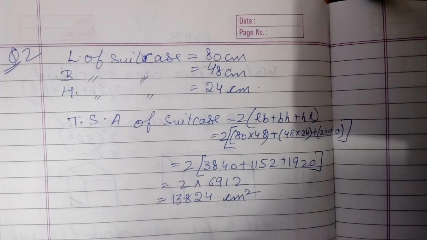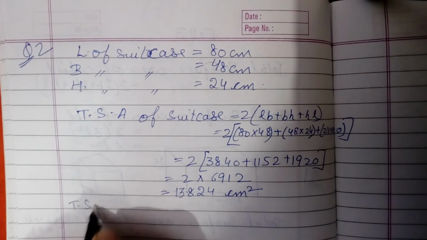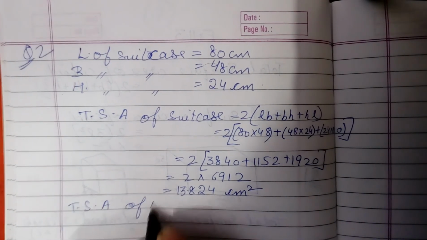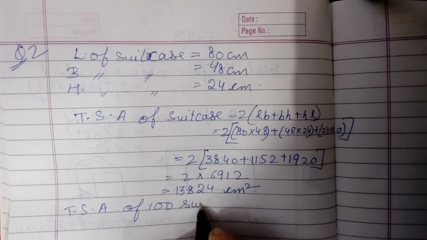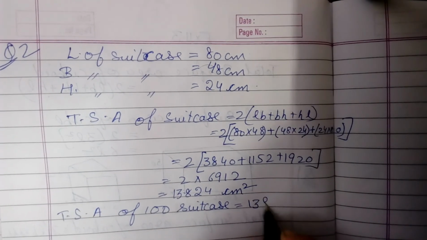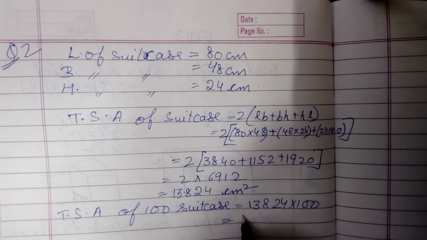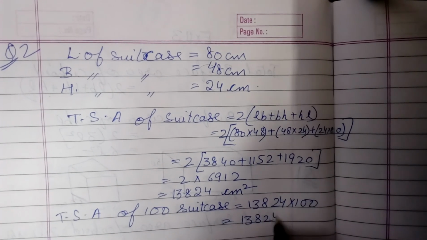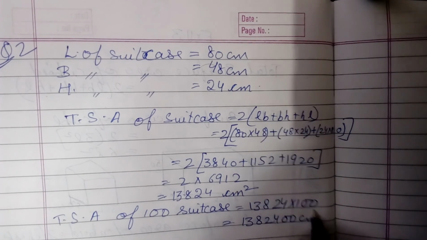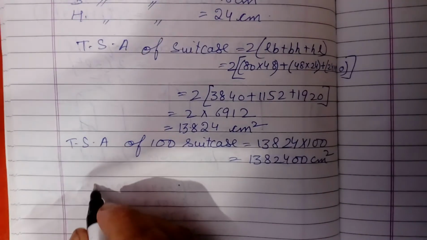Always area is in centimeter square. Now total surface area of 100 suitcases. हमने 100 suitcases cover करने हैं, so we will multiply this by 100 and you will get this centimeter square. Now width of cloth.